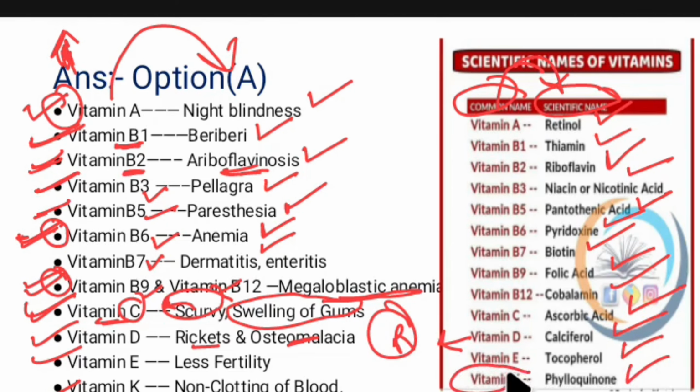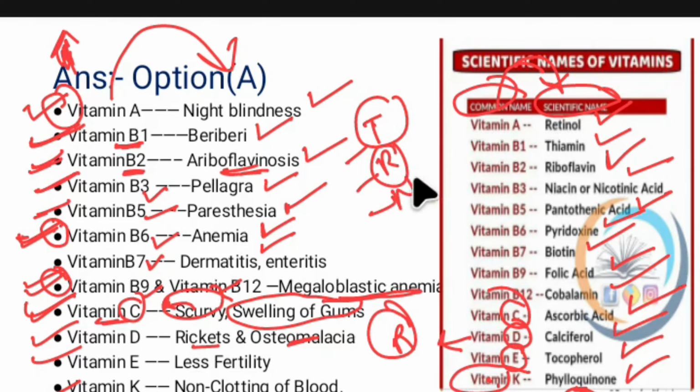Remember, K for phylloquinone. B1 thiamine, B2 riboflavin, B3 niacin. Remember TRN: thiamine, riboflavin and niacin.